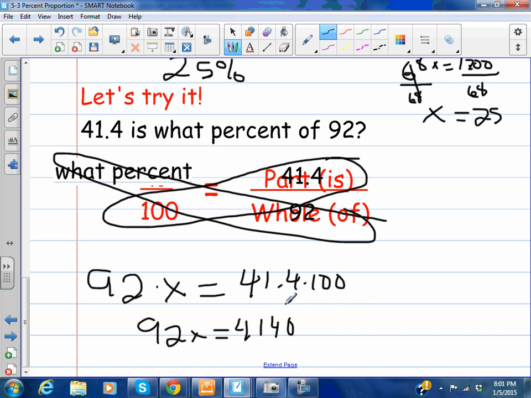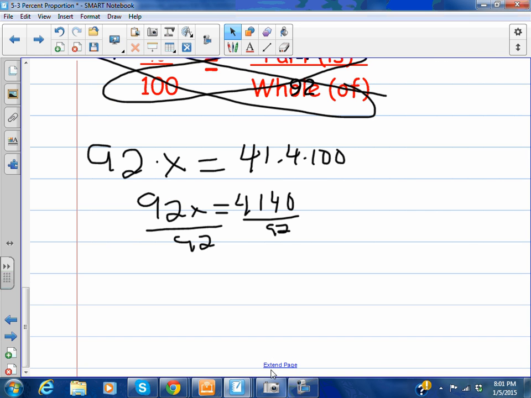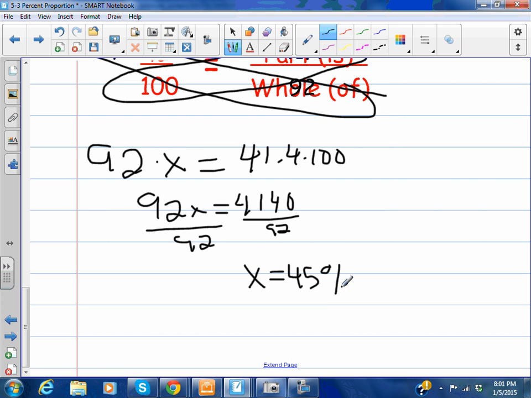Move my decimal 2 to the right when I multiply by 100. Divide by 92. And I end up with x equaling 45. And remember to add the percent symbol because we're looking for what percent.